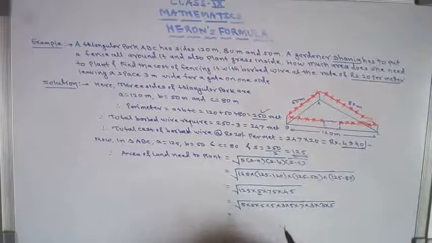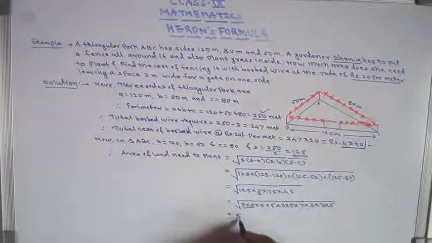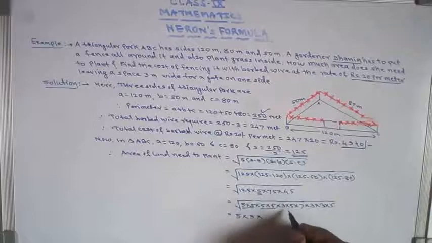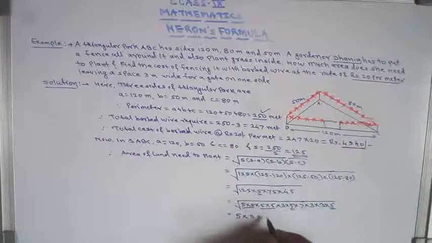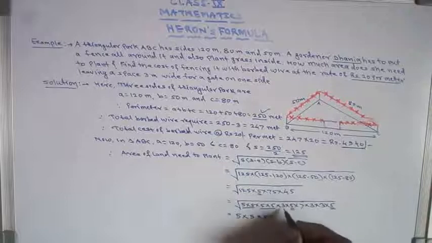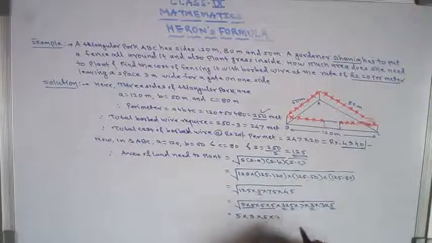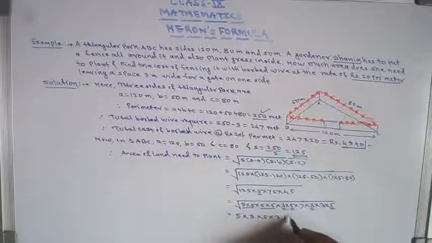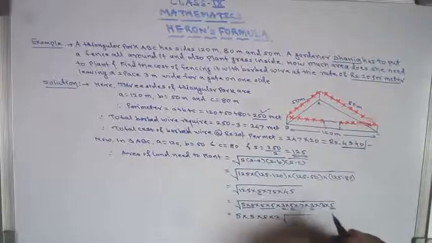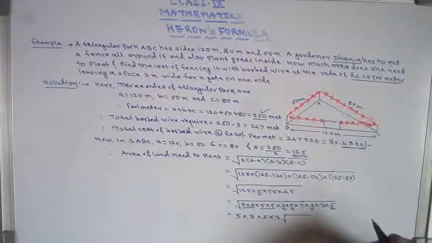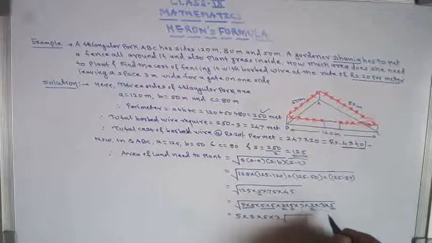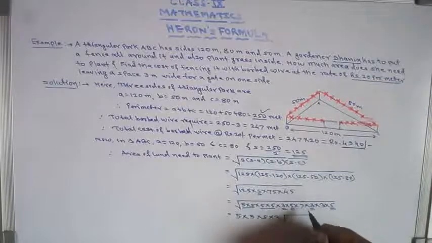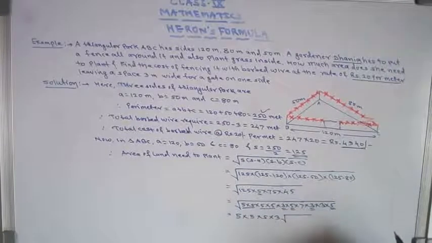Now let us take outside this 5 into 5, means 1 5 will come outside the square root, then this 5 and this 5, means 1 5 can also be taken, then this 3 and this 3, 1 3. Okay, then we will remain with in under root this 5 into 3.